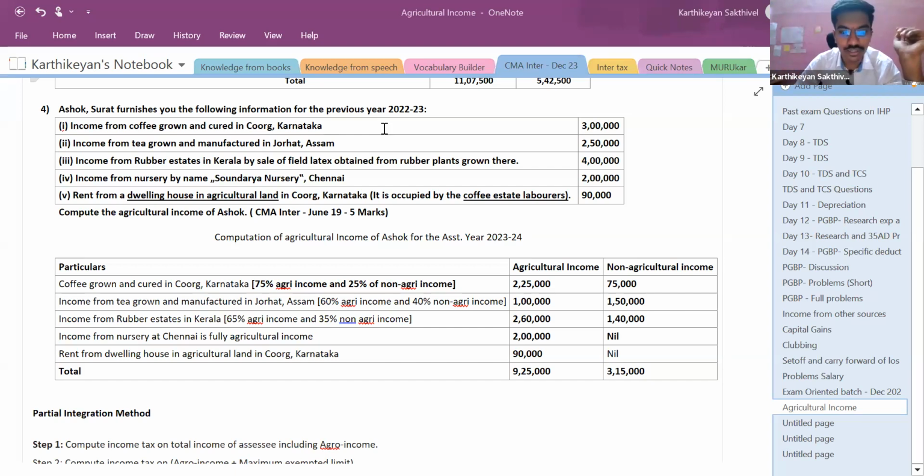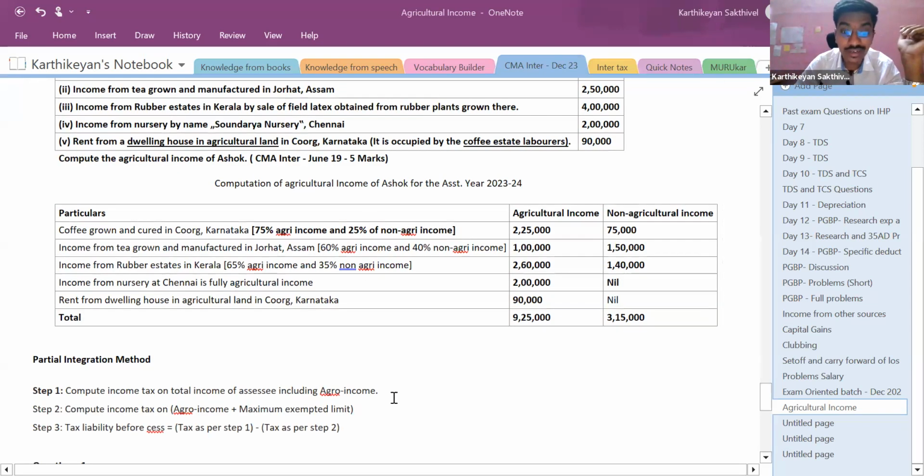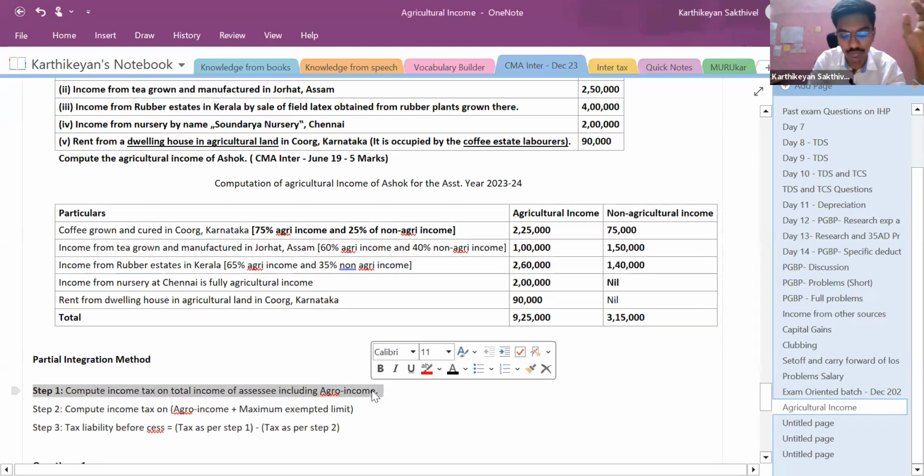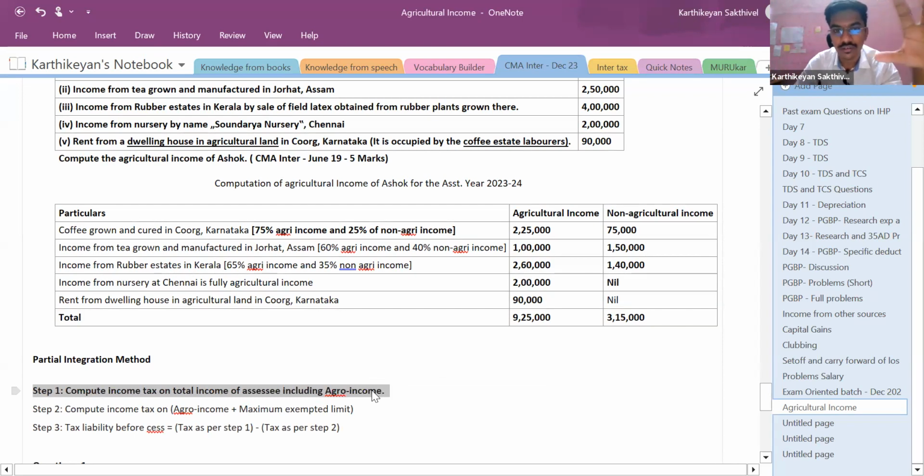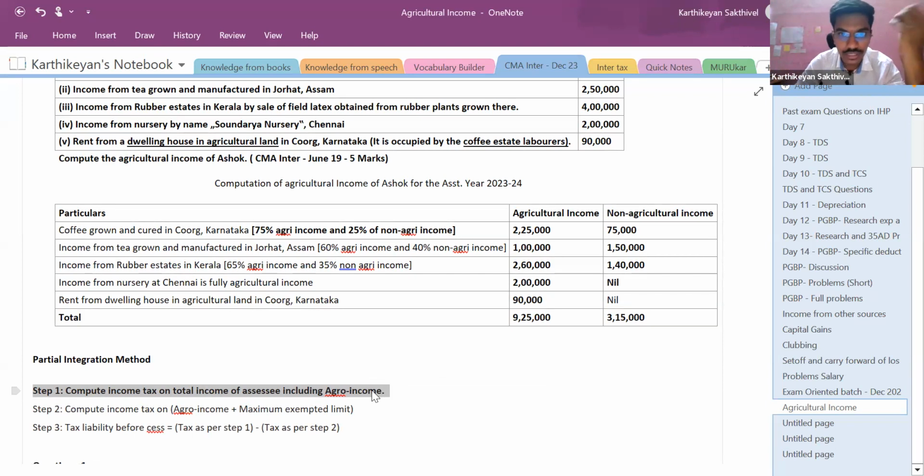So what they say is, first include the agricultural income also in the income of the assessee and compute the total tax. That is, agricultural income plus other than agricultural income.